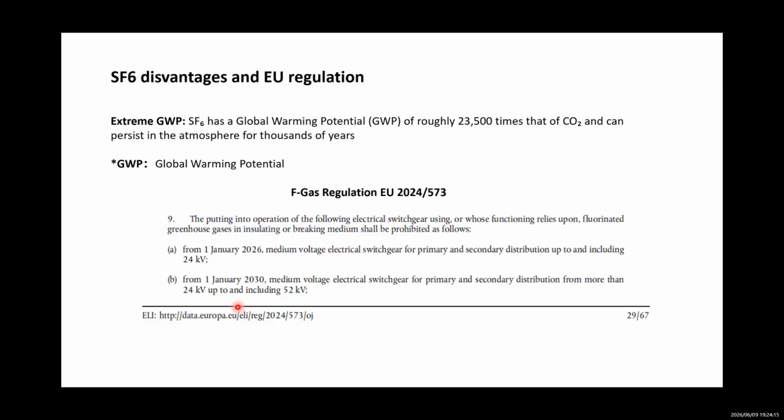So you need time to gradually change from non-eco-friendly gas to eco-friendly gas.